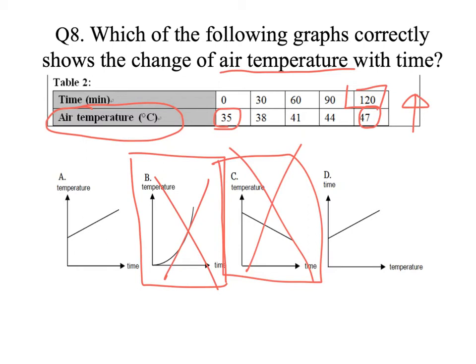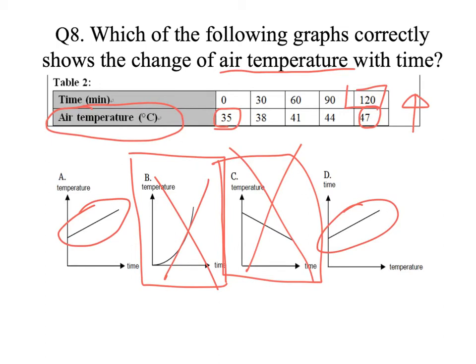So the correct answer now will be either A or D. Then we need to look into more detail: both of them show an increase in the temperature, and secondly, they also start at around 35 degrees Celsius.